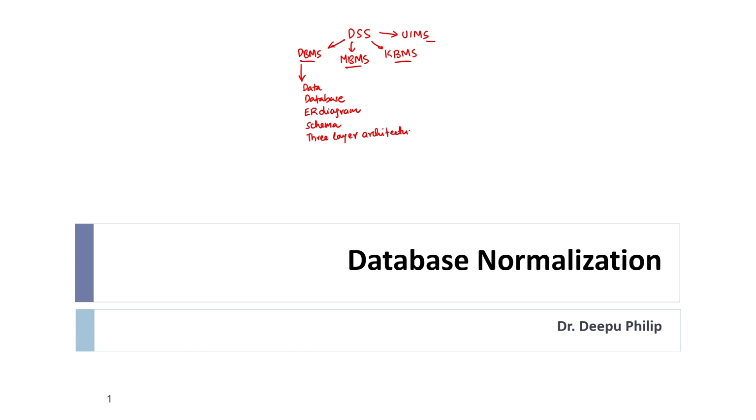Then we studied the concept of primary key and foreign key, and how to translate from an ER diagram to tables, along with a brief introduction of SQL. We have gone through many aspects of it, so now all these aspects are completed from our side.